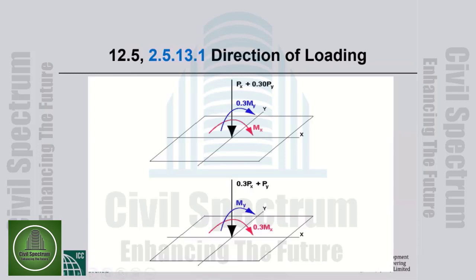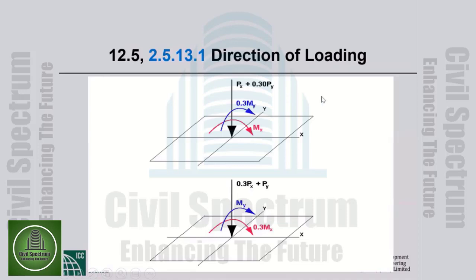The X earthquake will cause P sub X axial load, M sub X bending moment about the Y axis, and M sub Y bending moment about the X axis. The Y earthquake will cause P sub Y axial load, M sub Y bending moment about the Y axis, and sorry, M sub X is the bending moment caused by the X earthquake. M sub Y is the bending moment caused by the Y earthquake.